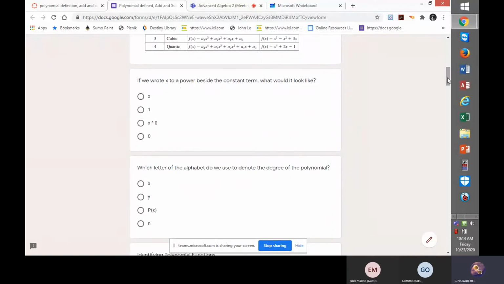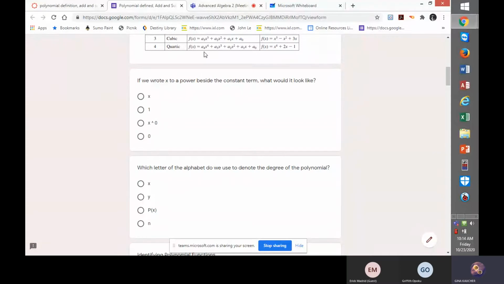So I have a question for you. If you look at the quartic and you look at the very end, there's your constant value, like -1 or +5 or whatever. So if we wrote x to a power beside the constant term, what would it look like? Would it just be an x, or would it be a 1, or an x to the 0, or a 0? What do you think would go there?